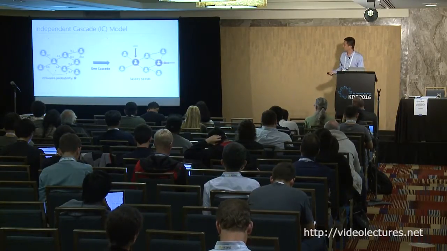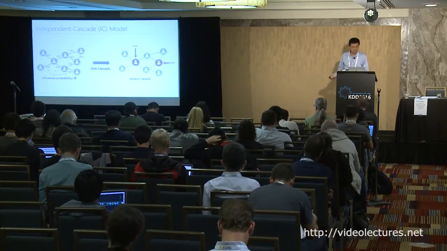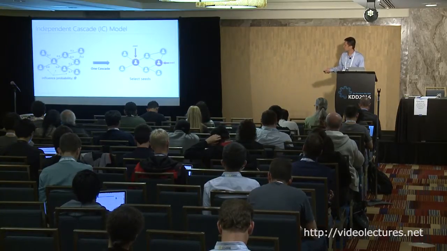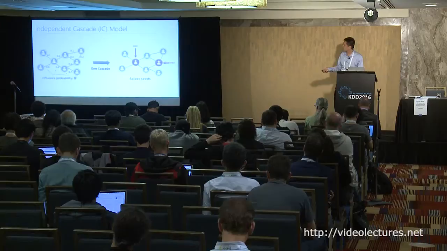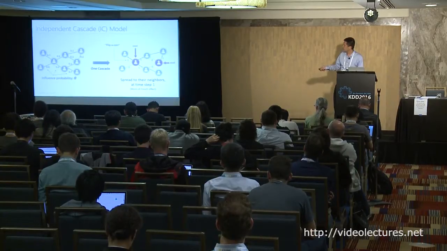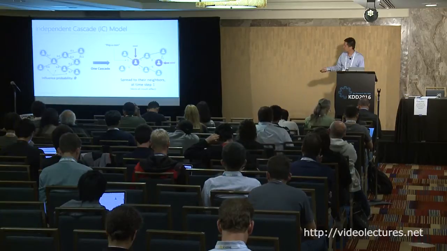One cascade starts with some seeds. Say I select this couple of seeds. The seeds will try to influence their friends or neighbors in the network, and the probability of successful influence is given by this probability, say 0.7 here. So you basically flip a coin, and if it's successful, you influence your neighbor. For this instance, it's not successful.